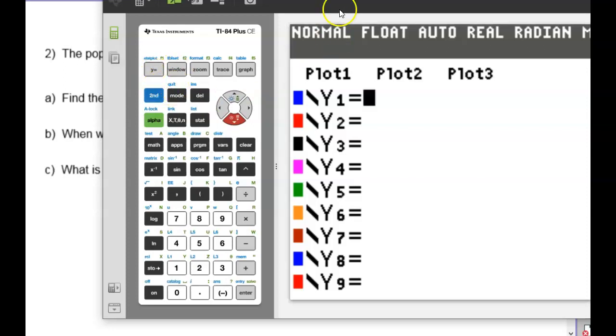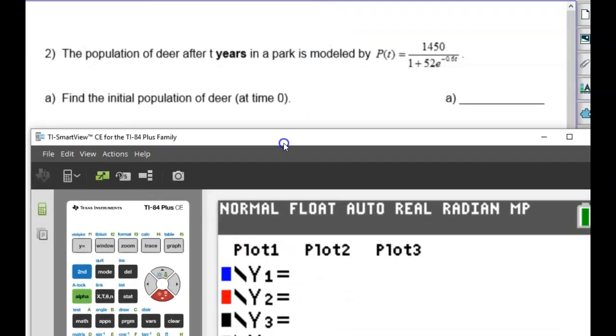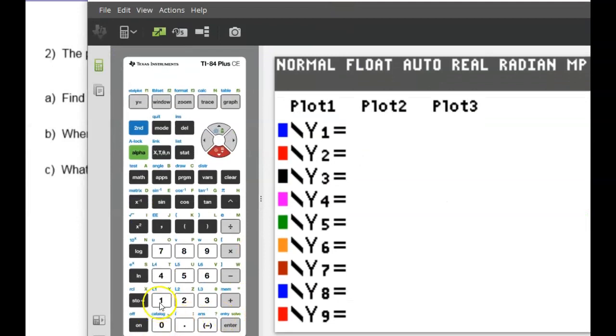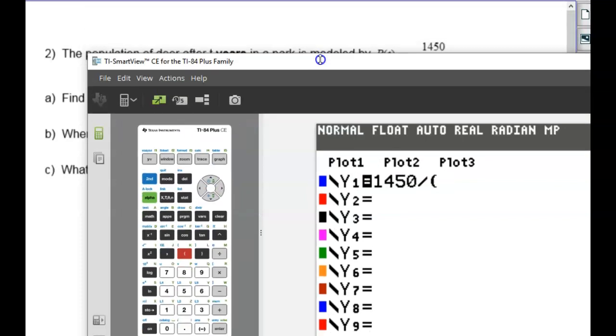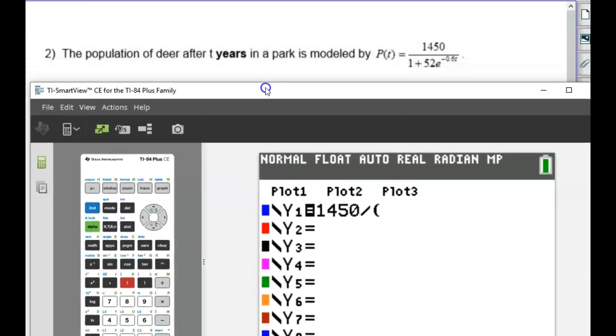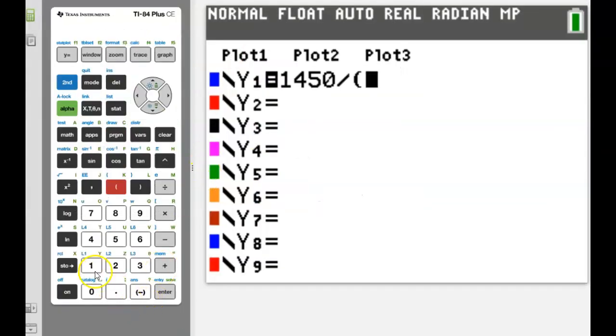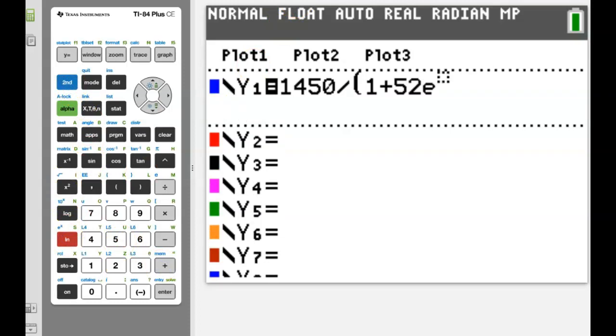All right, we're going to put in 1450, but then what do we need around the bottom? E is on ln. 1 plus 52e. Use second ln because that will put you right up in the exponent.